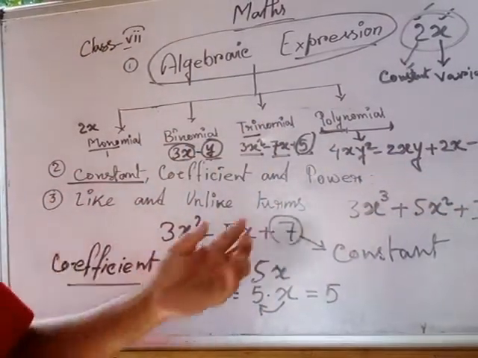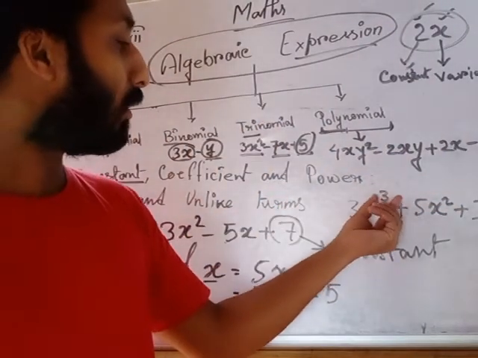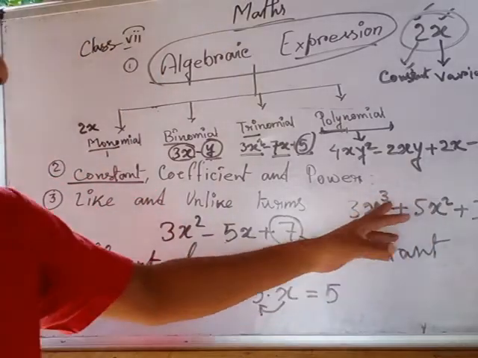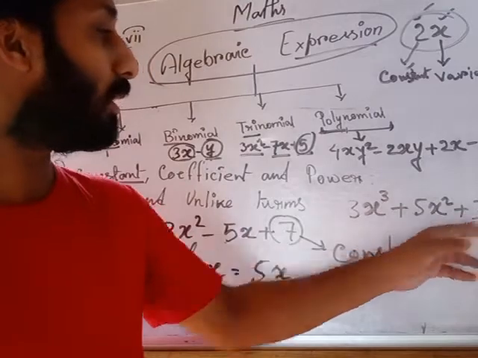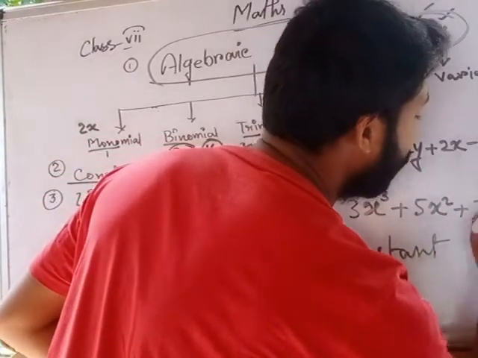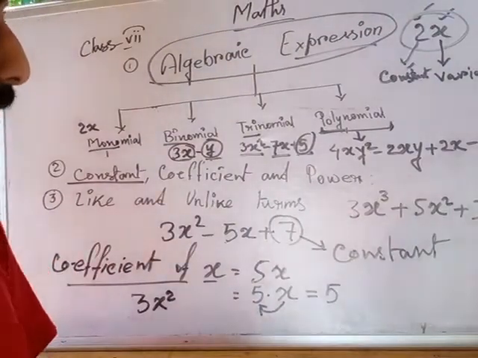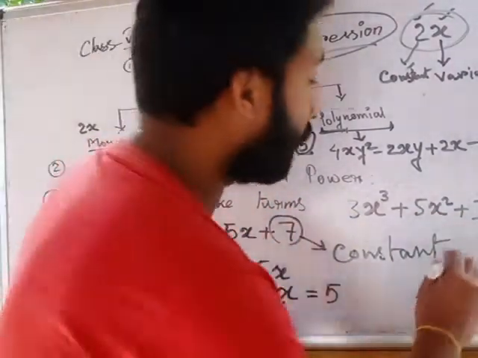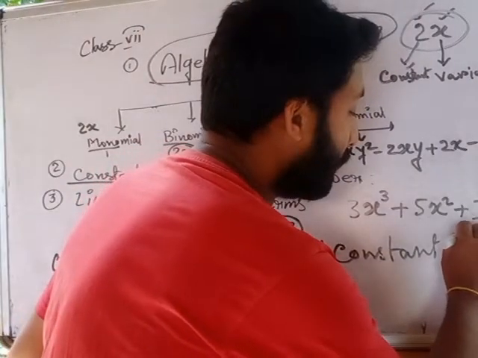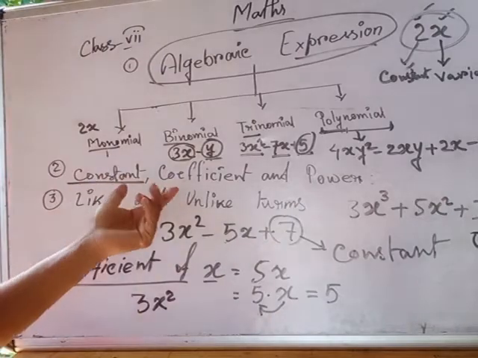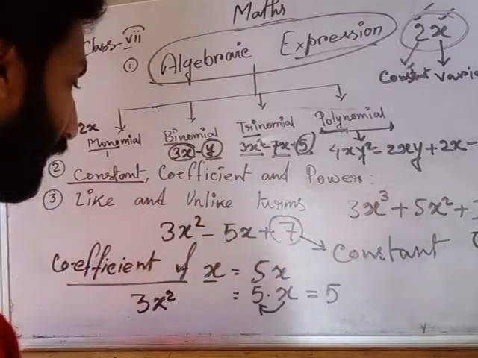Here it is 3, here it is 2, and here there is no power, that means x to the power 0. If there is no power, the power of x is 0. So constant, coefficient and power are like this.